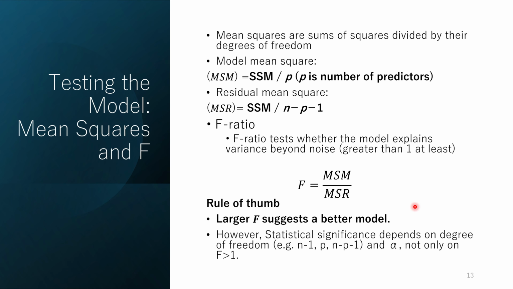But remember, the statistical significance depends on the degrees of freedom and the chosen alpha level, not just on the F being above 1. Rule of thumb here, larger F suggests a better model, but this also depends on the degrees of freedom, so please check.